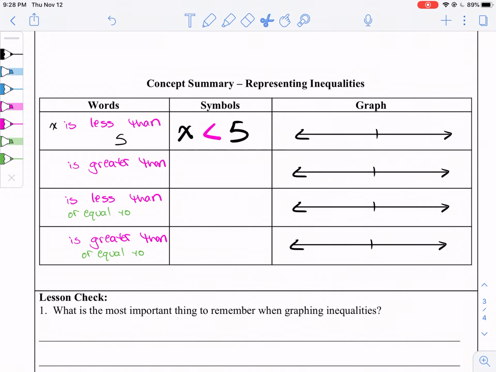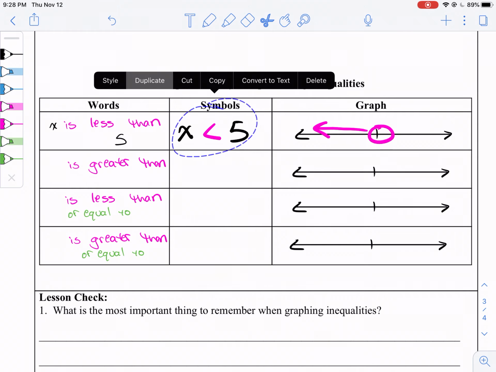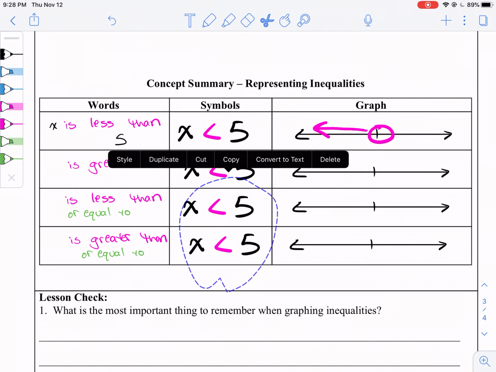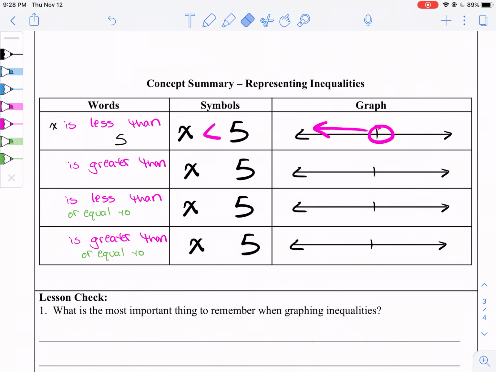All right, anyway. So if x is less than 5, that gives us an open circle going to the left. However, we're just going to deal with x and 5 this whole time. If x is greater than 5, then we flip the sign around the other way. X is greater than 5, so I've got an open circle at 5. And it will be all the numbers greater than 5.